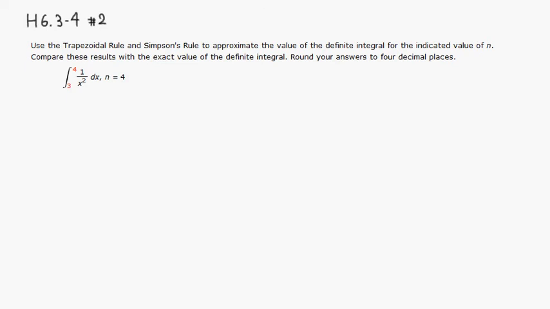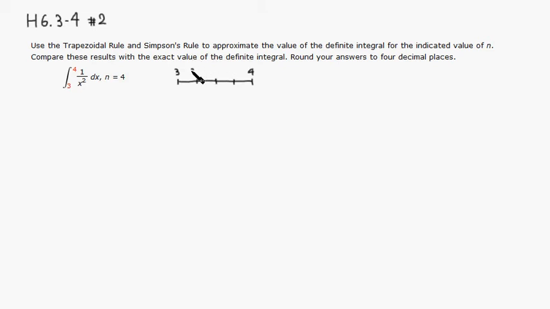So we have an interval from 3 to 4, and we're going to split it into 4 equal intervals. Its width is 1 divided by 4, so it's 0.25 or 1/4.